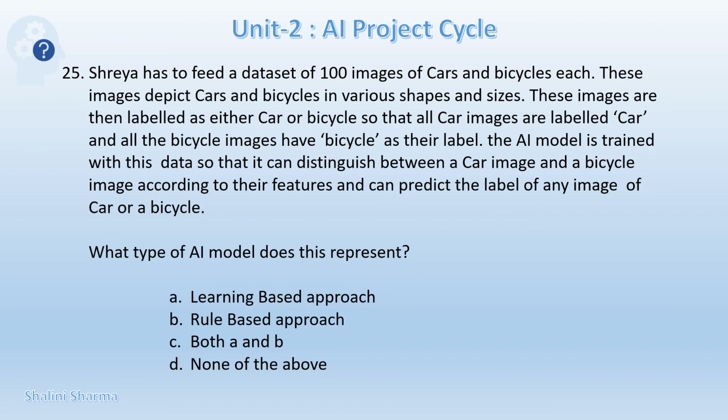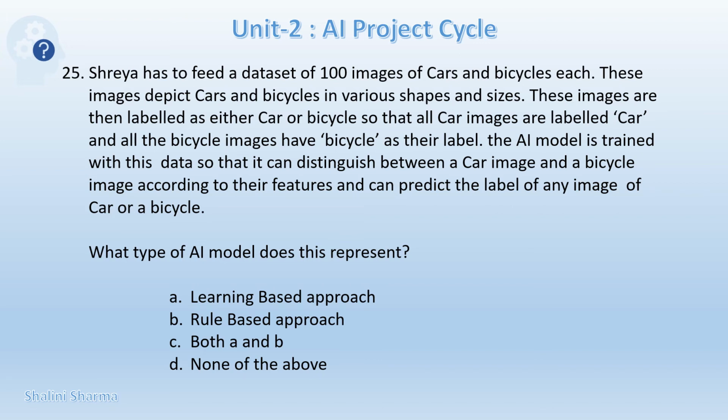Question 25. Shreya has to feed a dataset of 100 images of cars and bicycles each. These images depict cars and bicycles in various shapes and sizes. These images are then labeled as either car or bicycle so that all car images are labeled car and all the bicycle images have bicycle as their label.